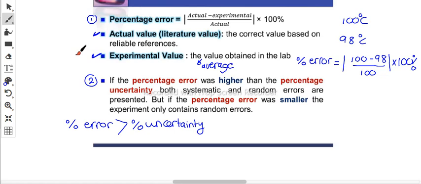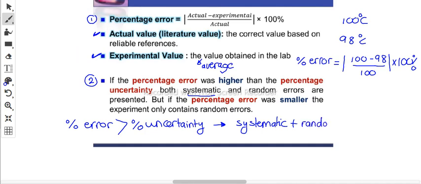Now, if the percentage error is larger than the percentage uncertainty, what does this mean? This indicates that systematic and random errors are both present. So you need to state inside your internal assessment that this lab contains both systematic and random errors.